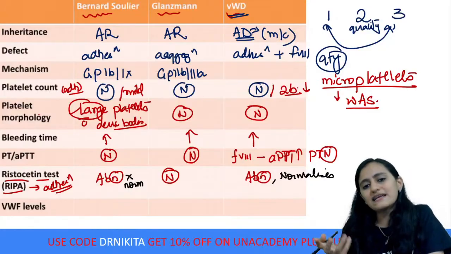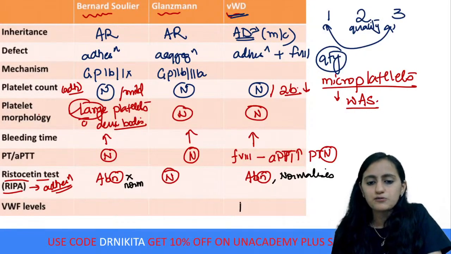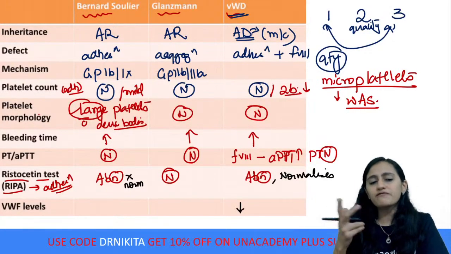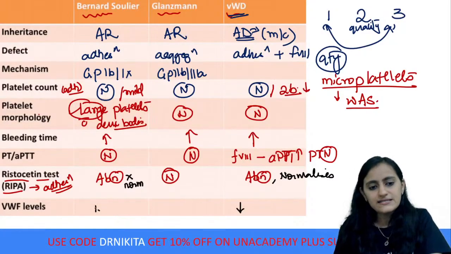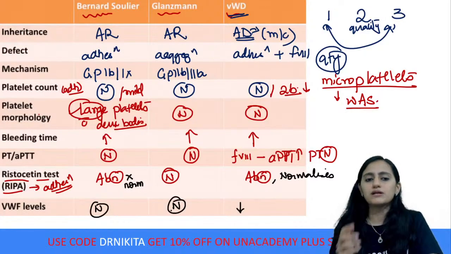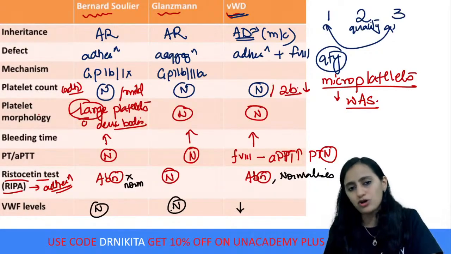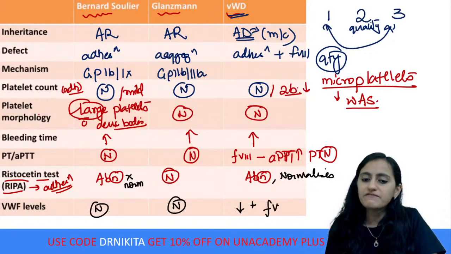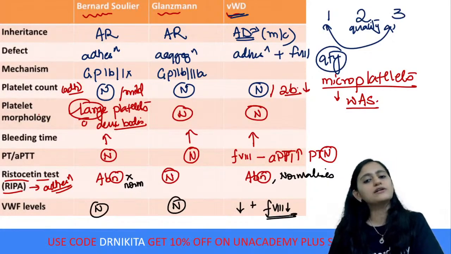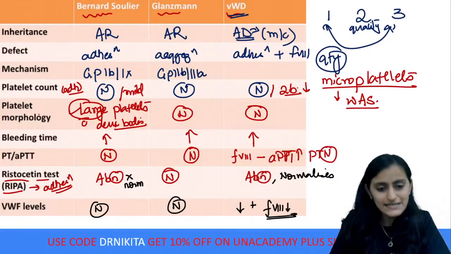Then von Willebrand levels, very easy to understand. It would be decreased in your von Willebrand disease and in the rest of them it would be normal. Bernard-Soulier, Glanzmann, it would be normal. Apart from that, you have decreased factor 8 as well in your von Willebrand disease, right?